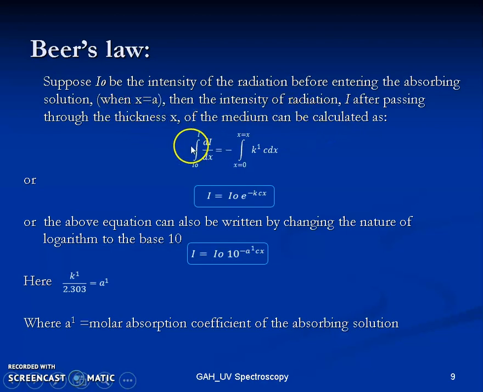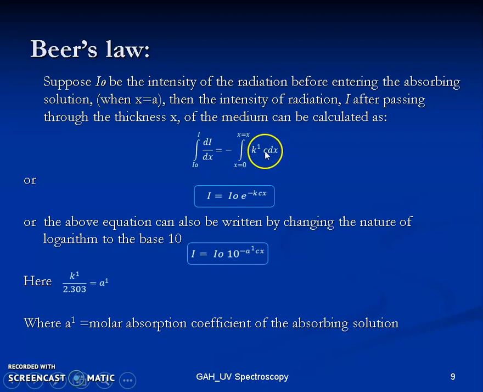As the radiation tends from I naught to I, and the thickness tends from 0 to x, the minus shifts to the right side: dI by I is equal to minus k dash c dx.